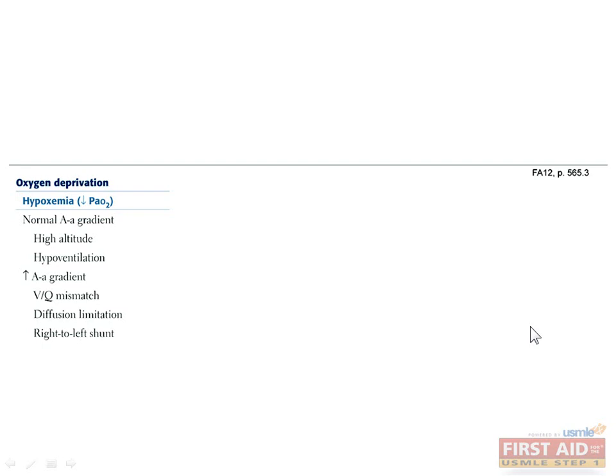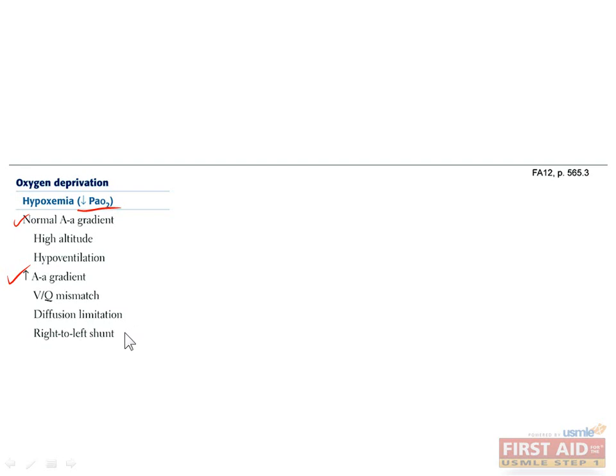Hypoxemia occurs when the partial pressure of arterial oxygen is decreased, and it can be caused by things that decrease the amount of oxygen that enters the lungs, where you would otherwise have a normal AA gradient, such as high altitude or alveolar hypoventilation, or by things that prevent the oxygen in the lungs from entering the blood, i.e. a high AA gradient, as we just discussed, such as VQ mismatch, impaired diffusion, a right to left shunt, which could include what?